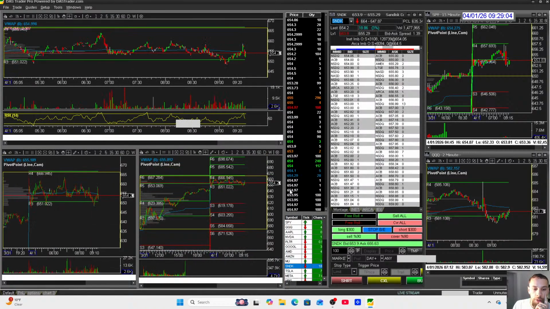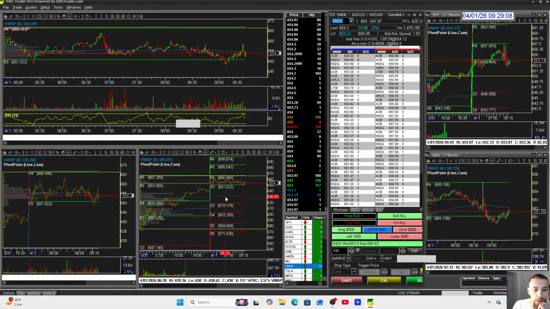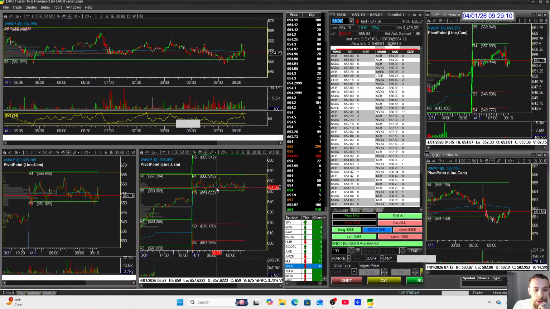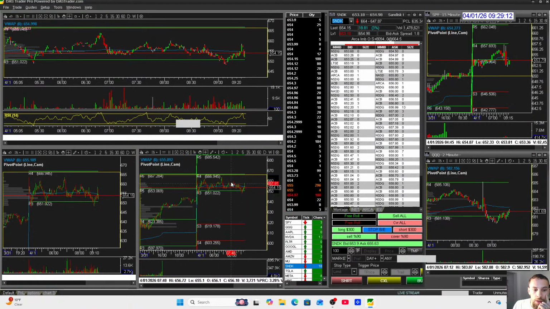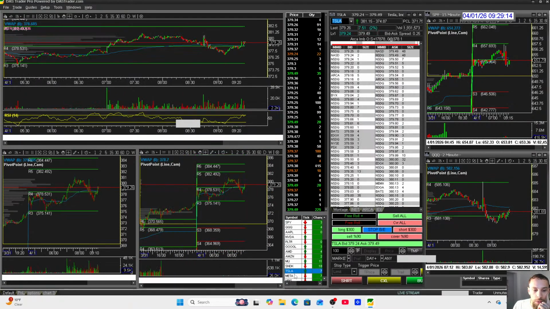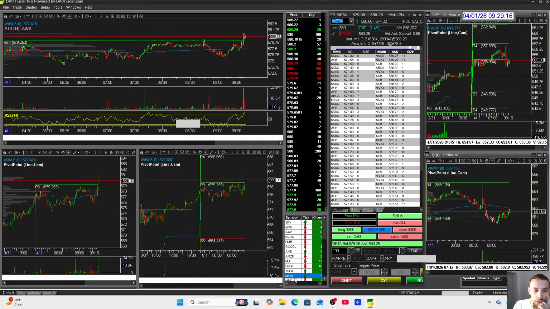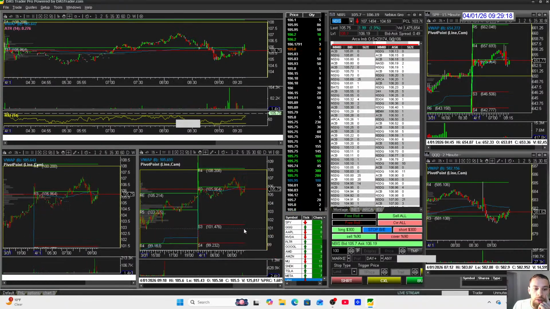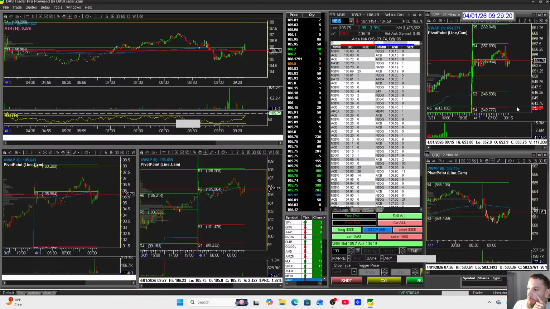So just thumbing through the stocks here. SanDisk is at a pretty interesting spot between R3 and R4. It'd be interesting to see what it does at R4. Then we have NBIS, R4 as well is what I'm interested in.